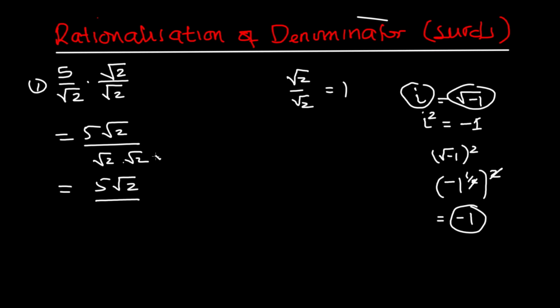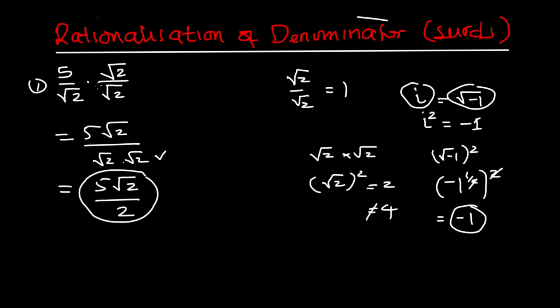But this one here, root 2 times root 2, will give us root 2 squared. So now this one gives us 2, and we must be careful not to think that this one gives us 4. This gives us 2. So we would have rationalized this expression.